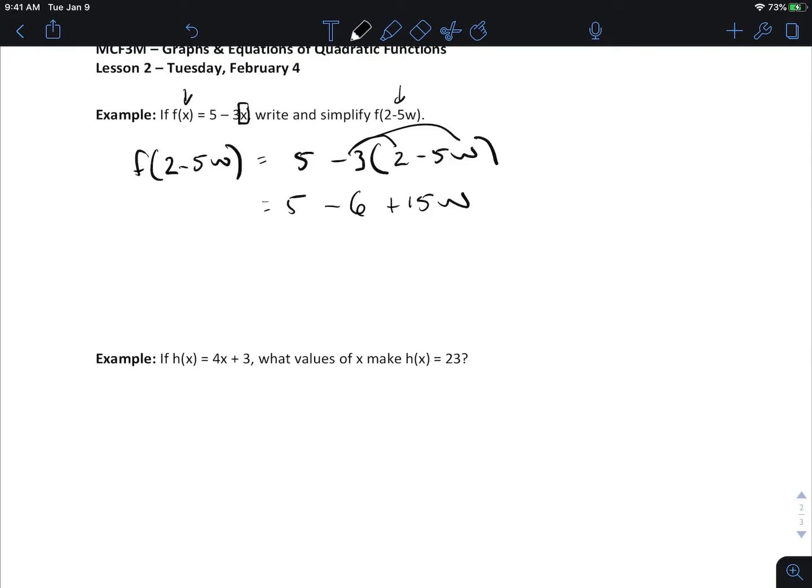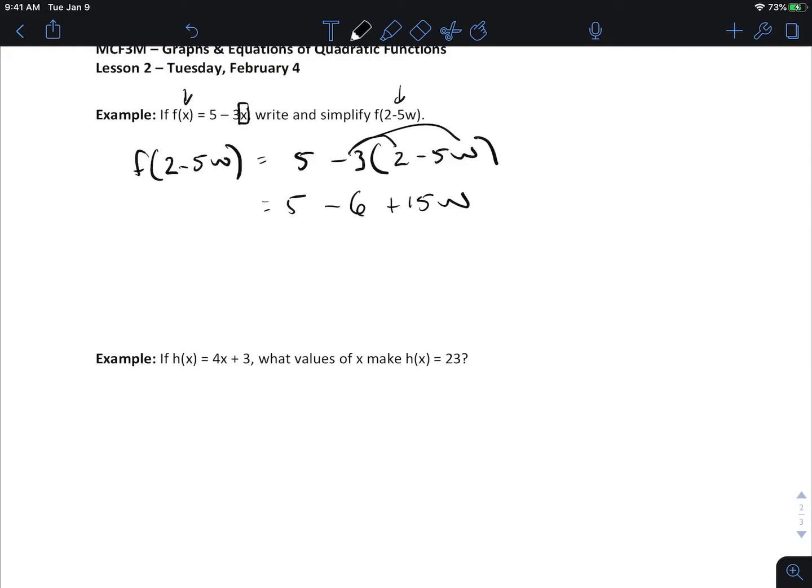Does anybody have any major disputes? Okay. These turn into this. And then this one turned into this. And I still had the 5 out front, right?